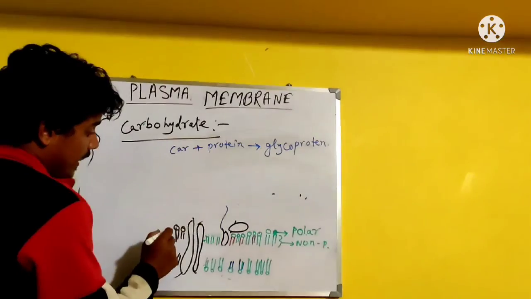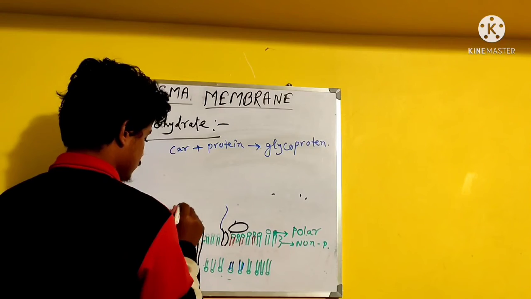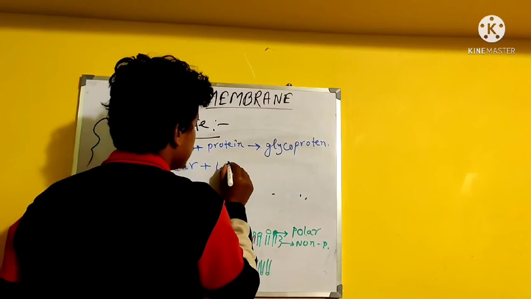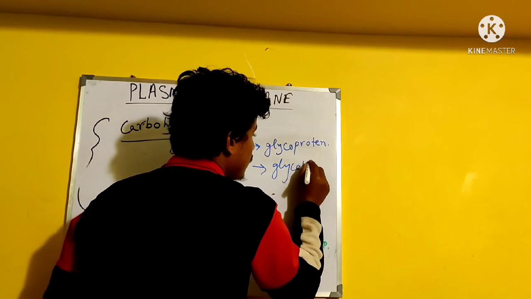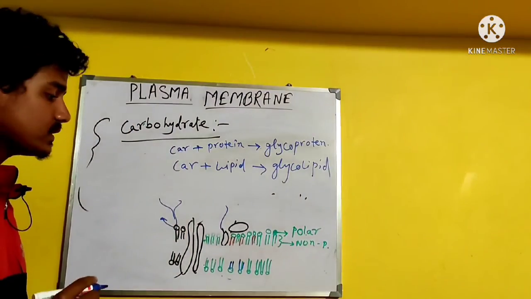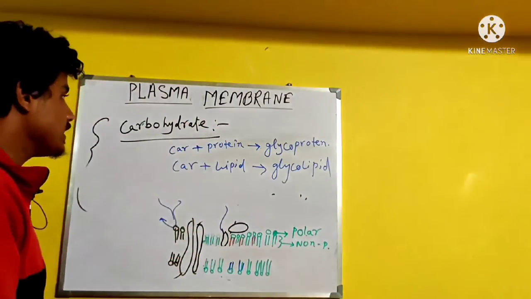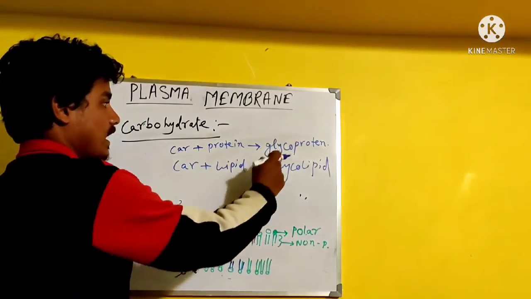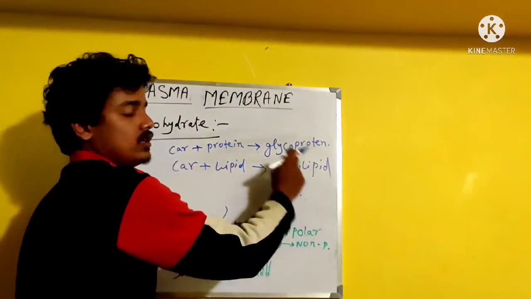And when carbohydrate is attached with lipid, carbohydrate plus lipid is known as glycolipid. So the carbohydrates are oligosaccharide in nature, and attached with protein they are glycoprotein, and attached with lipid they are glycolipid.